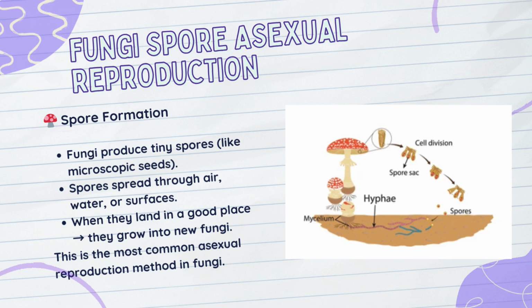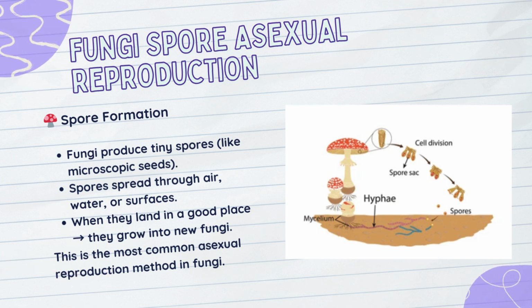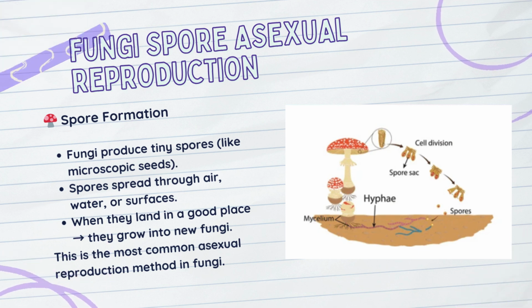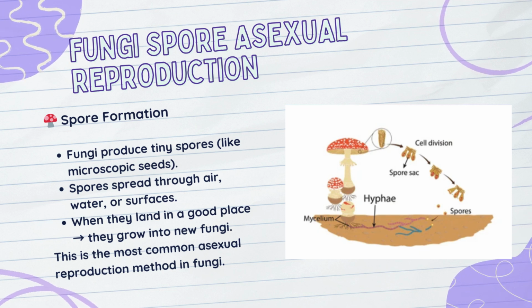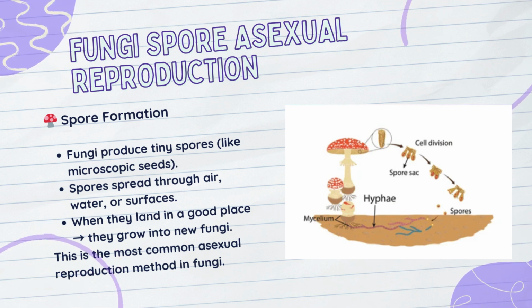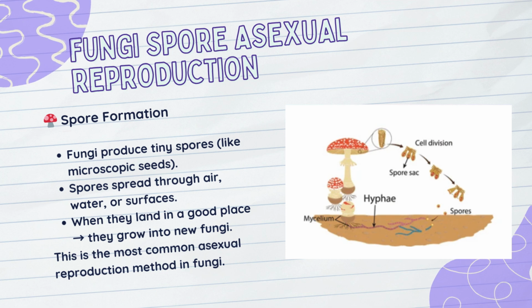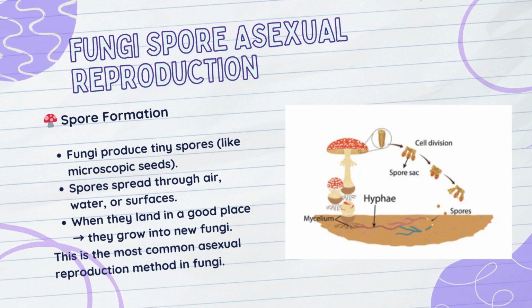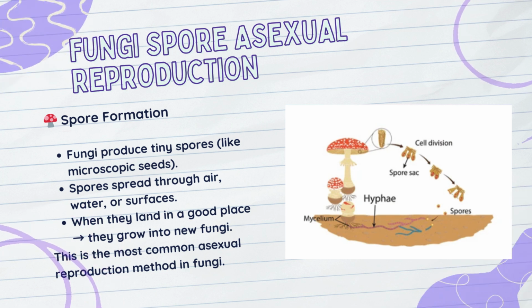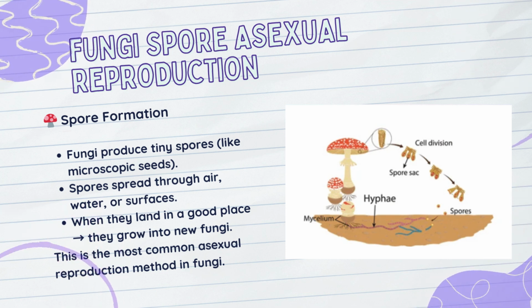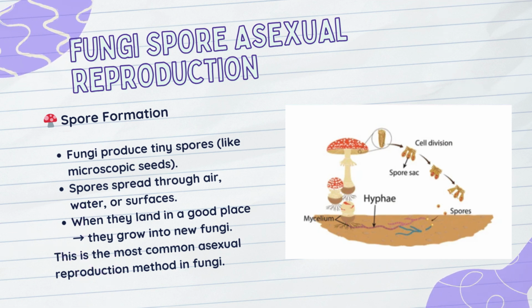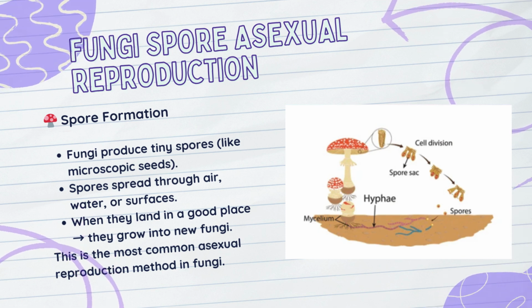They will spread through the air, water, or surface. So it's almost like pollination. They just spread, and wherever they land, if it's a good environment for them to thrive, then new fungi will start popping up in that area. So that's how fungi reproduce asexually.